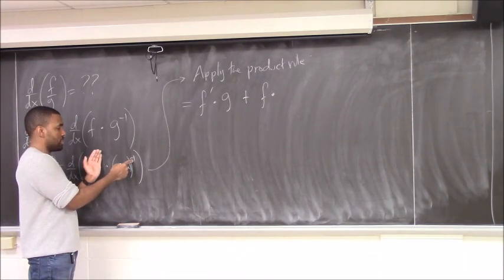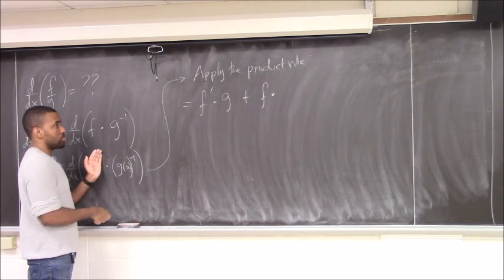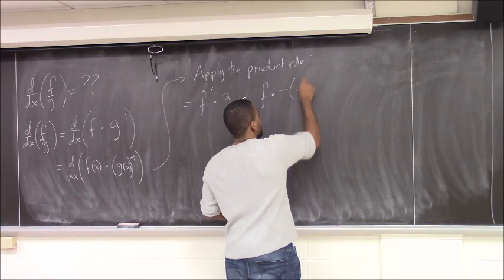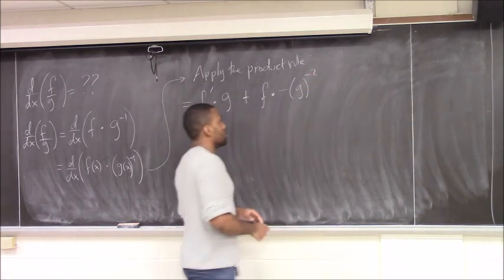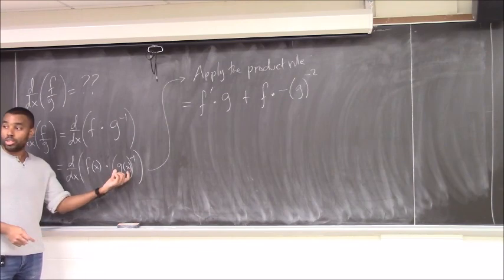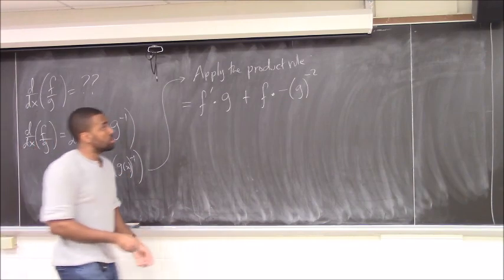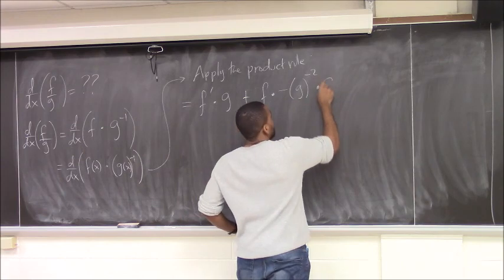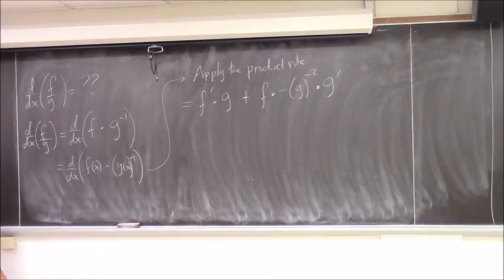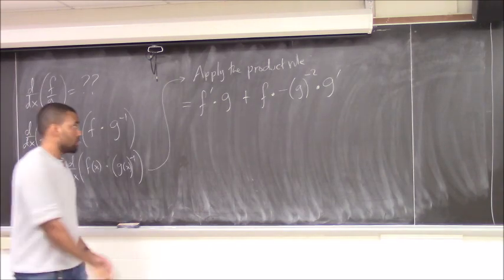Apply the power rule, so you bring this down, subtract 1 from the power. So this would be minus g to the minus 2. And then what? Multiply by the derivative of the inside, times g prime. So to differentiate this part, I needed the chain rule.